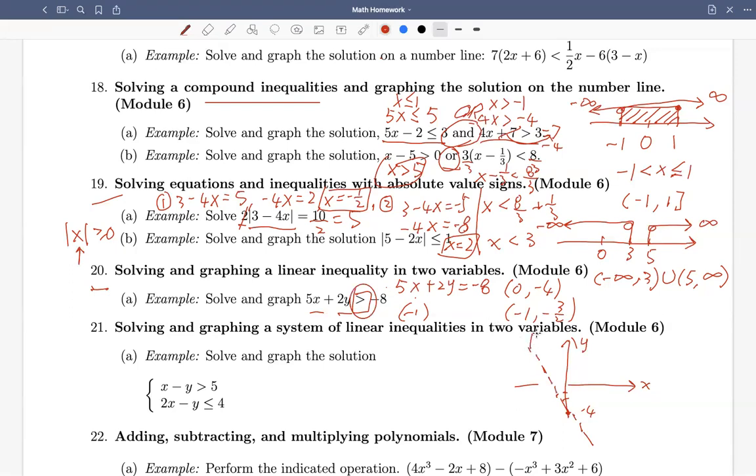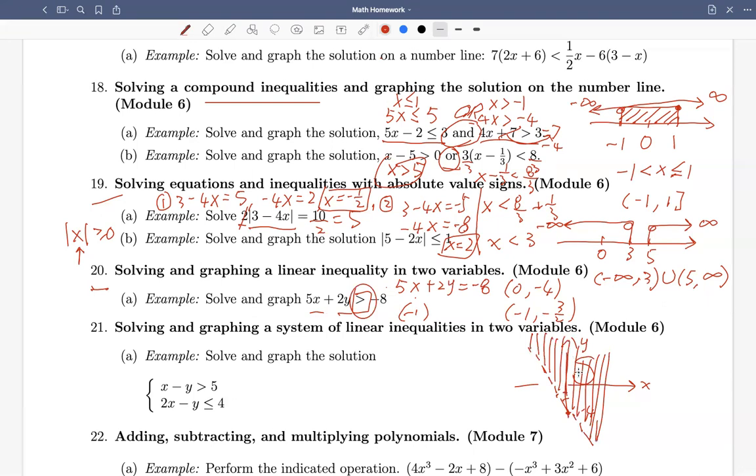My solution is all above this line, because all the y values are greater than the value on this line. If it was less than, I would shade below the line, all right? So this is my solution set. Usually you can shade it or you can put an S on it to mean the solution set.